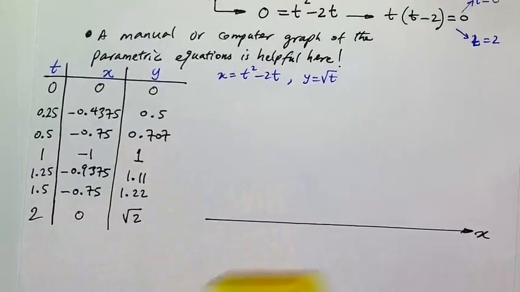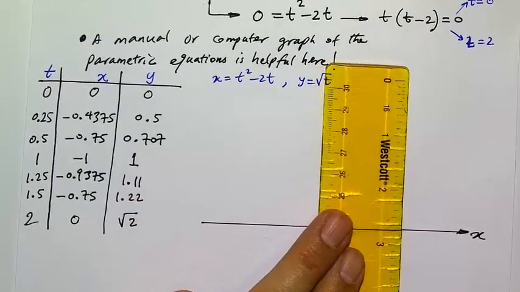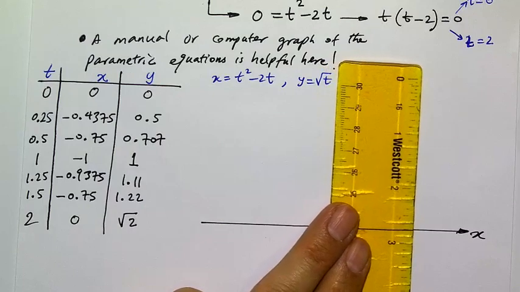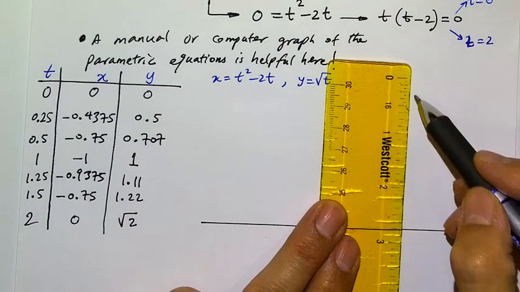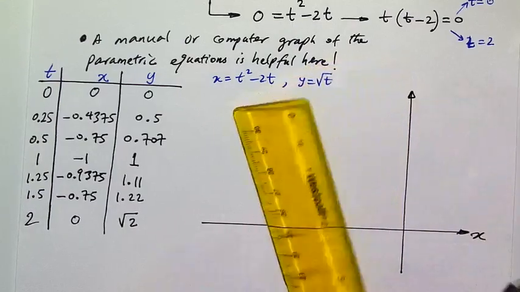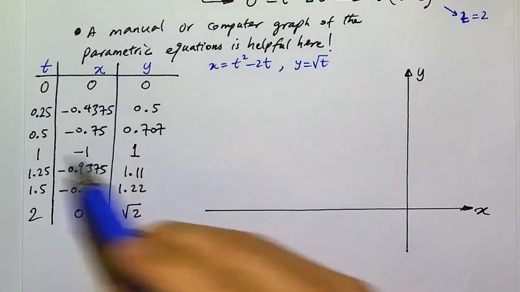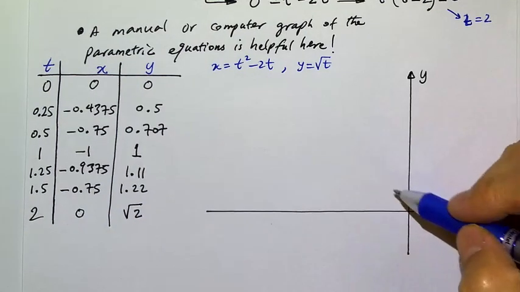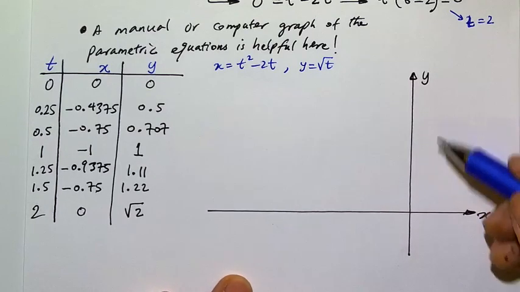Like that, and then looking at these values, I want to give most of this blank space to the negative side of the x-axis. And then a graph of these points. I'm just going to draw a rough graph based on what I saw on the Desmos site.